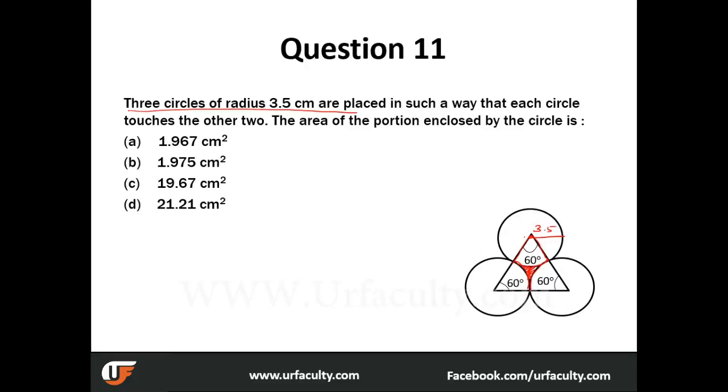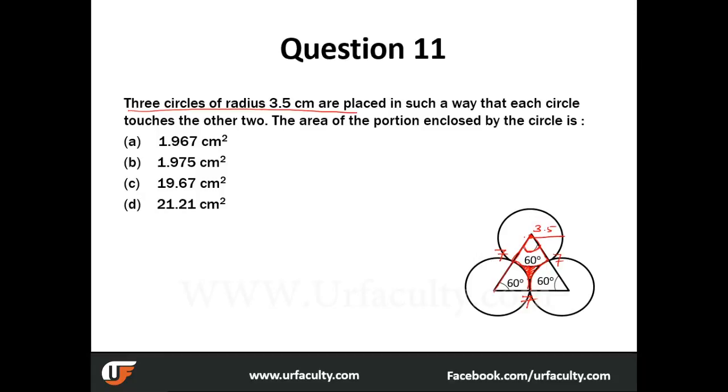The triangles which connect these circles, if they are of the same radius, will be of length 7, because this will be the length of radius, this will be the length of radius, and it's connecting the centers. It is always an equilateral triangle, and hence it will make an angle of 60 degrees, right? Because it's an equilateral triangle.